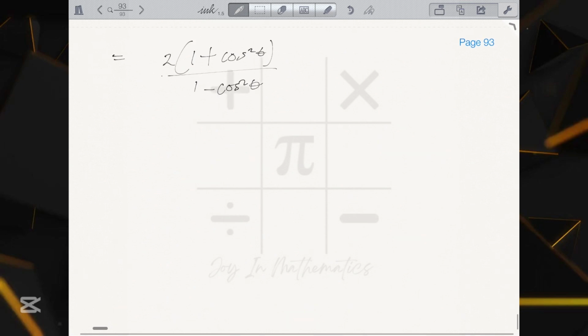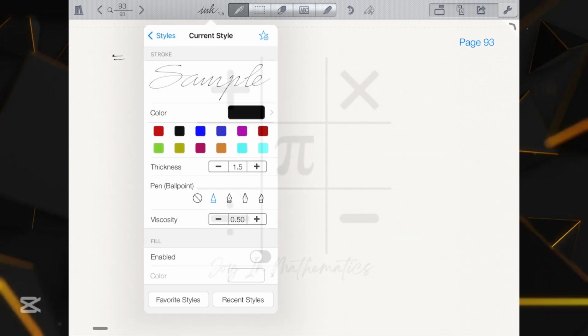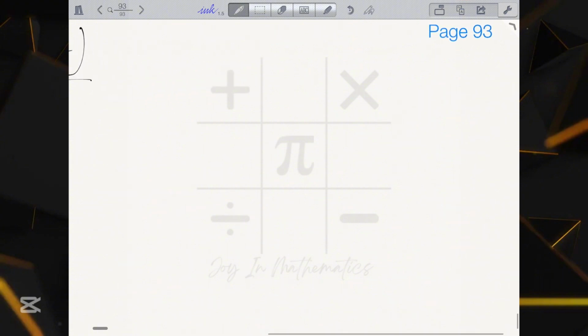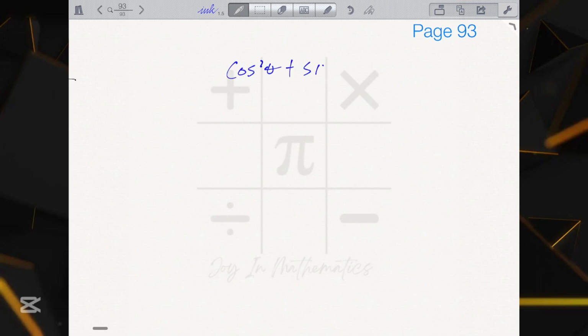Now we are on a new page. Let's make our analogy. But first, let's recall the three fundamental trigonometric identities, which say that cos squared theta plus sine squared theta is equal to 1.